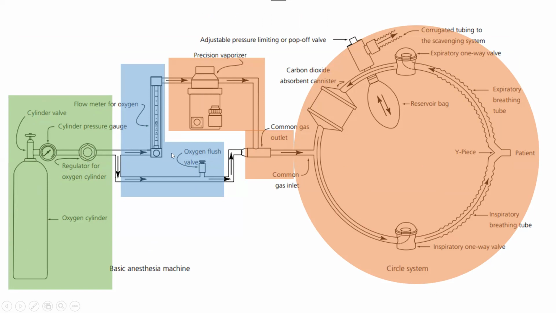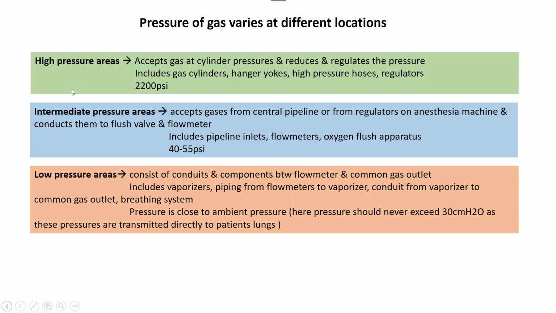Then we have the flow meter and oxygen flush valve, which is the intermediate pressure area. Then we have the vaporizer, outlets and the breathing circuit. In this whole area, the gas runs at low pressure. So this is the low pressure area. In the high pressure area, it accepts gas at cylinder pressures and reduces and regulates the pressure.